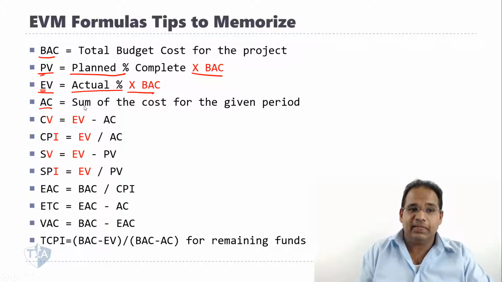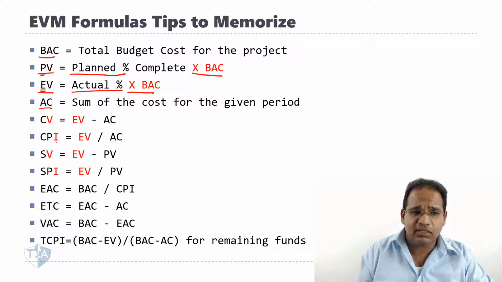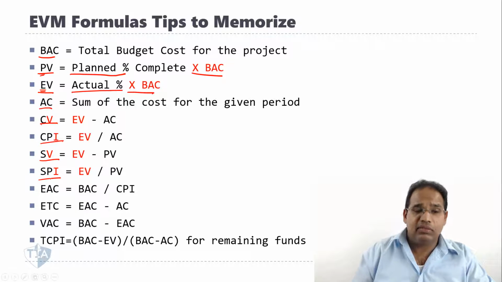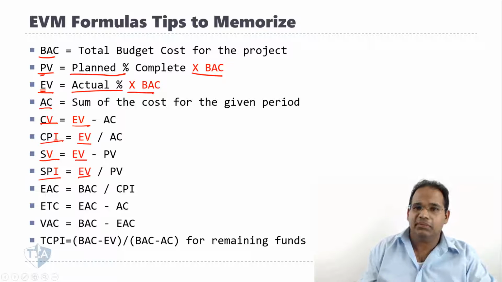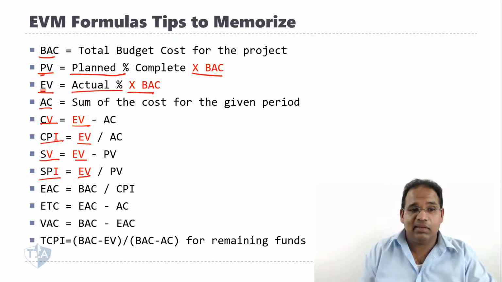All right, so hopefully you got that. Let's take a look at the next four. You have CV, CPI, SV, and SPI. Quick tips. Notice they all start, number one, with EV. Maybe if you're doing some practice, you have noticed they all start with EV. And anytime in these four, anytime you have a V, it's a subtraction. Every time you have an I, it's a division.